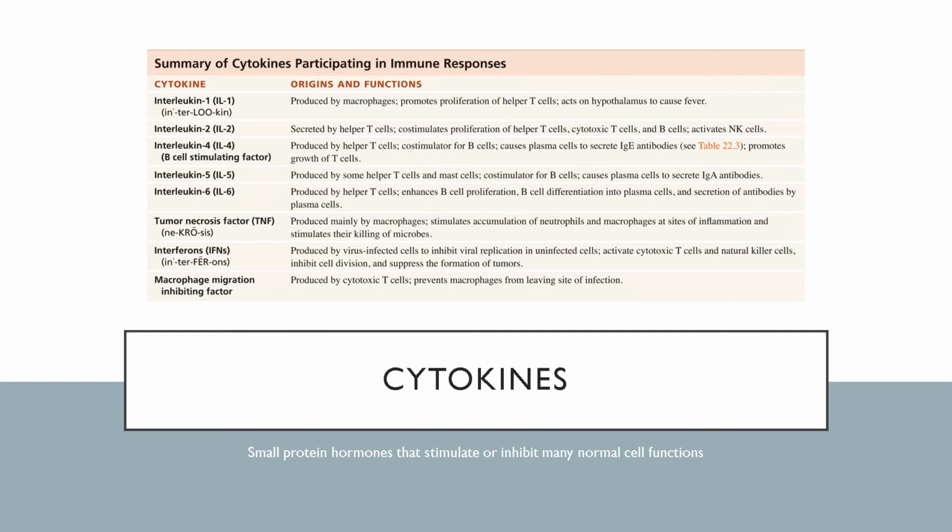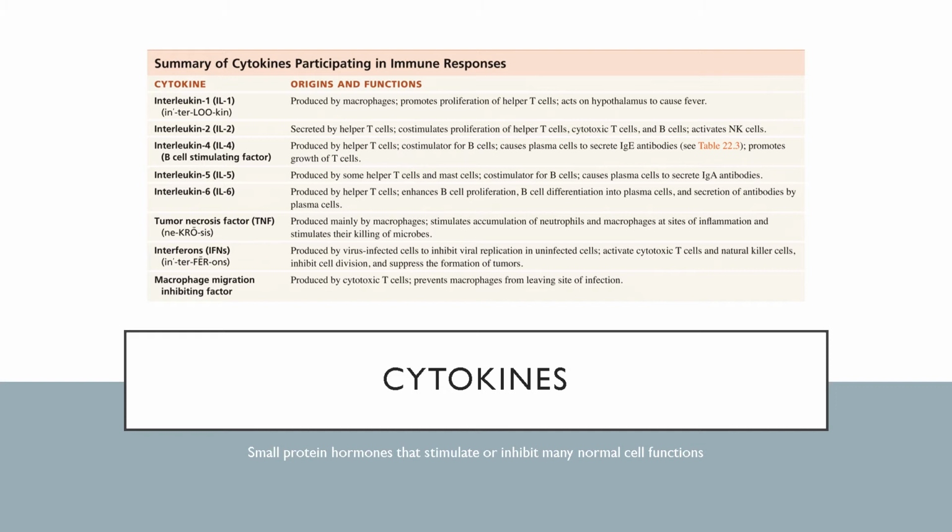Cytokines, these are small protein hormones that stimulate or inhibit many normal cell functions such as cell growth or differentiation. Lymphocytes and antigen-presenting cells will secrete cytokines. So do fibroblasts, endothelial cells, monocytes, hepatocytes, even kidney cells will secrete cytokines.